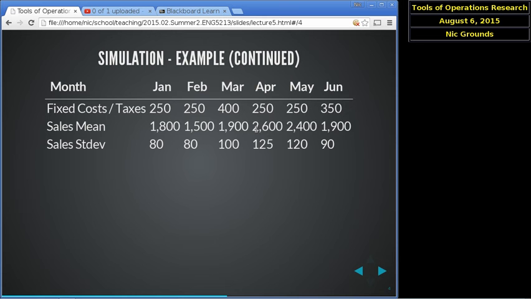Now, generally speaking, there's not a right number of times to do the simulation. It depends on the problem, it depends on how complex the model is, and so forth. In this example, and for the examples we'll do in this class, we'll generally simulate 1,000 scenarios, 1,000 possibilities.